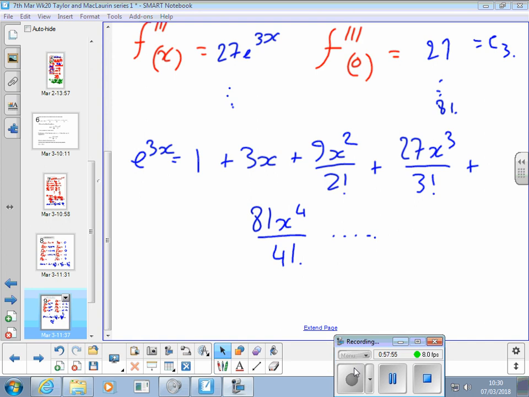What's the pattern for the constants there? They are all multiplied by 3 from the previous.